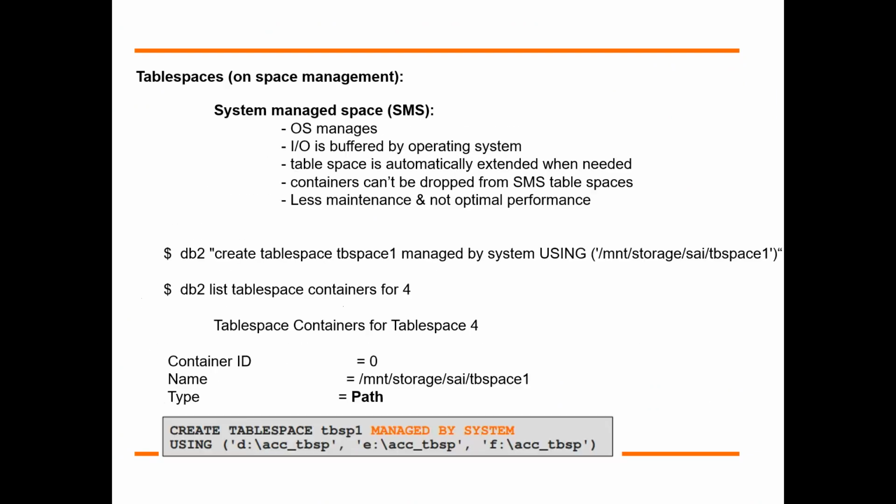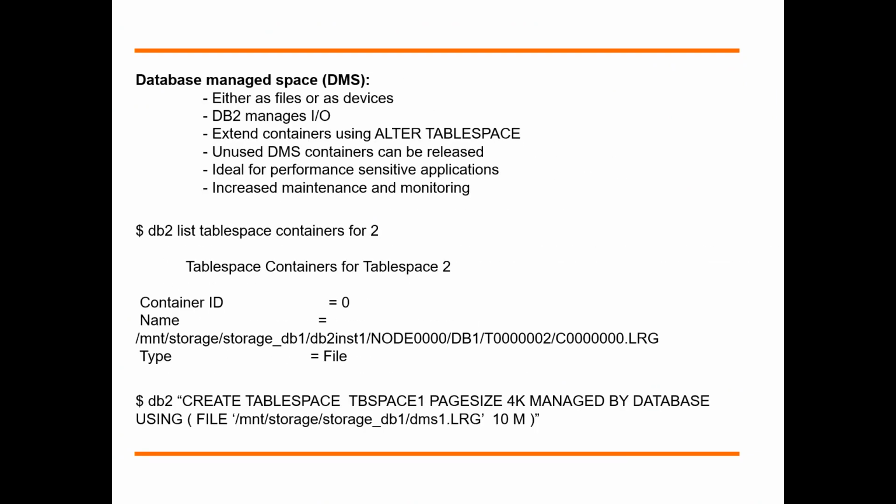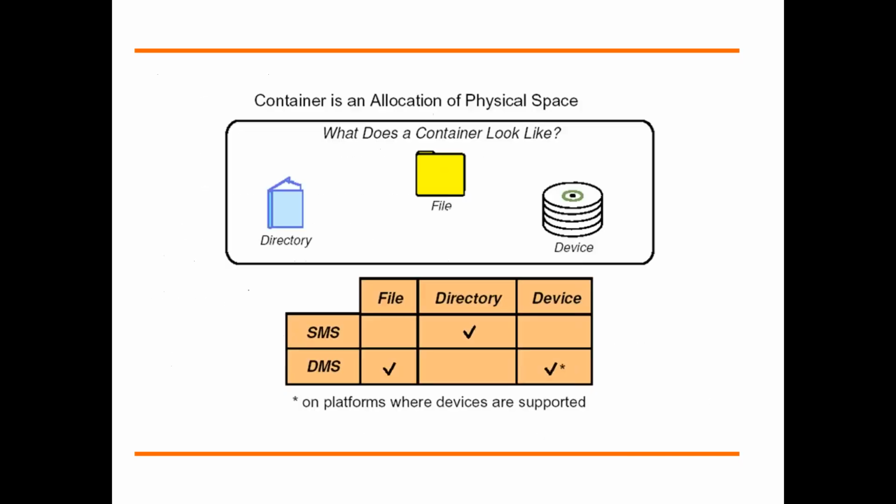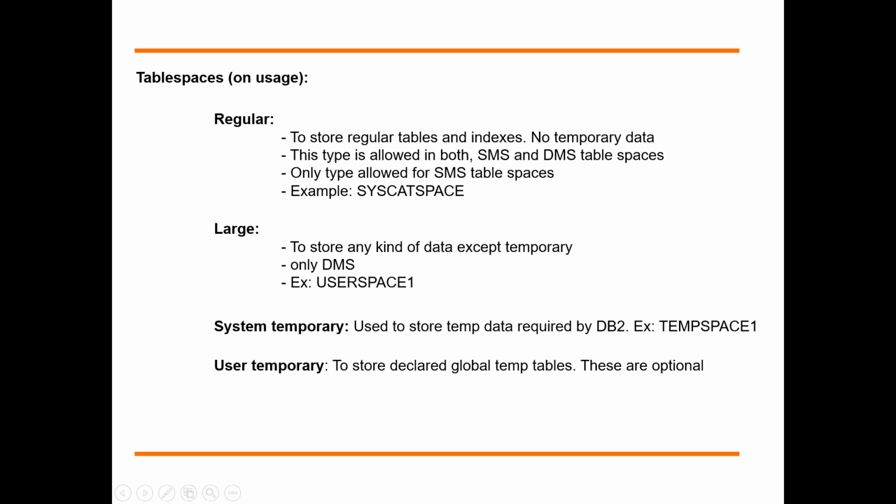So that's the story about table spaces, right? At a high level, we looked at table spaces with respect to space management: DMS, SMS, and AMS. And table spaces with respect to the amount of data they can store, that is regular and large.